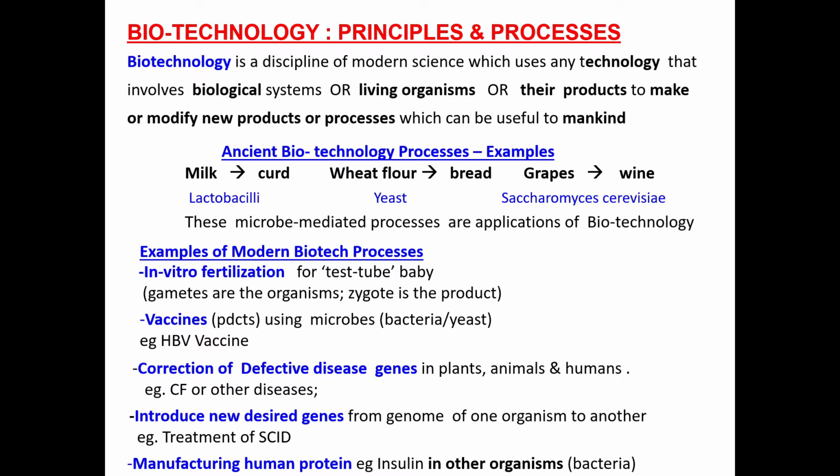Example, manufacturing insulin in other organisms like bacteria. So we see here that we have used organisms. It could be gametes, which are cells, organisms. It could be bacteria or yeast, and we are using these for the betterment of mankind. We are using the organisms or their products for the betterment of mankind. So these are examples of modern biotech processes.